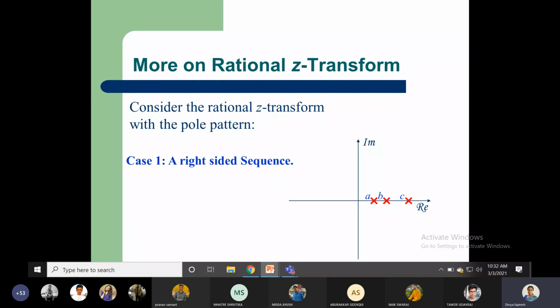Let us take the first case, a right-sided sequence. Can anyone tell, for a right-sided sequence, how the ROC should be? A, B and C are the three poles of a particular function, and suppose the signal is right-sided, then how should the region of convergence be for such a signal?